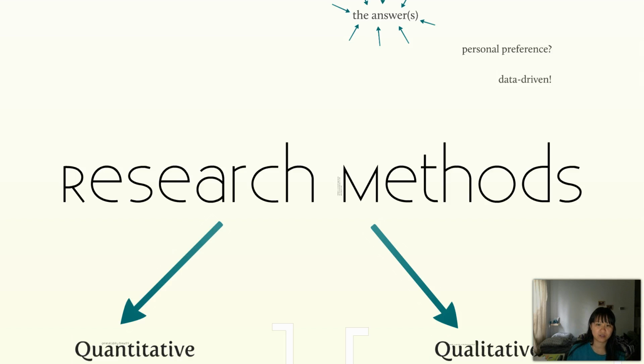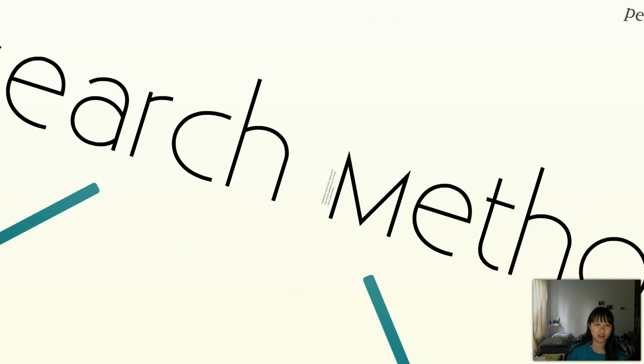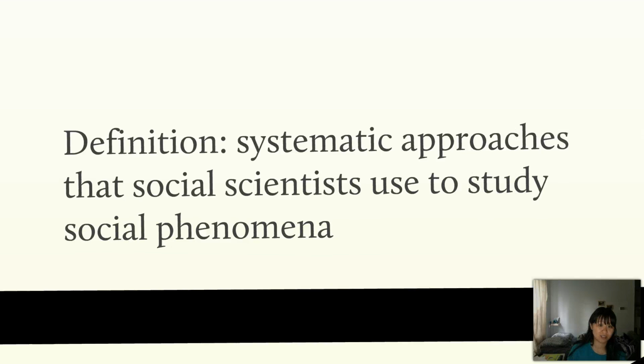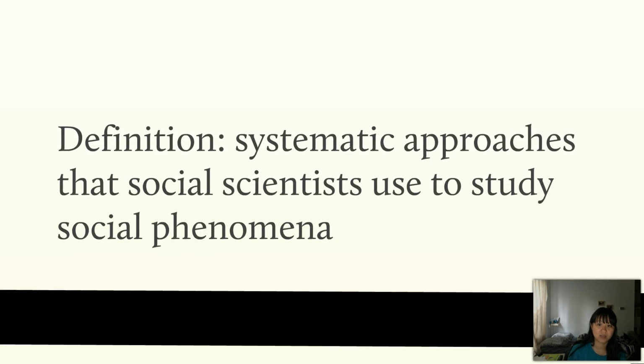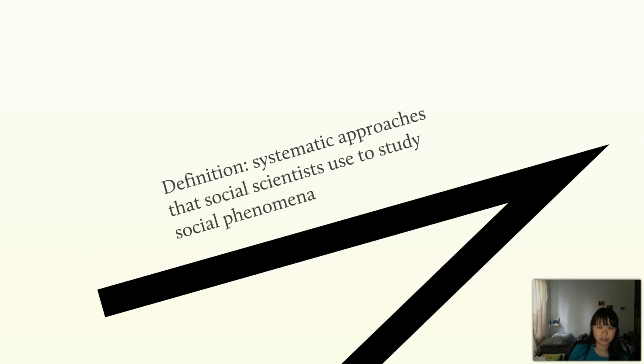I actually have to go through research methods, which is a systematic approach that scientists use to study social phenomena. So it isn't just that I'm talking to my parents and their friends, but doing it in a very systematic way and talking to many people, much larger than just people that I know.